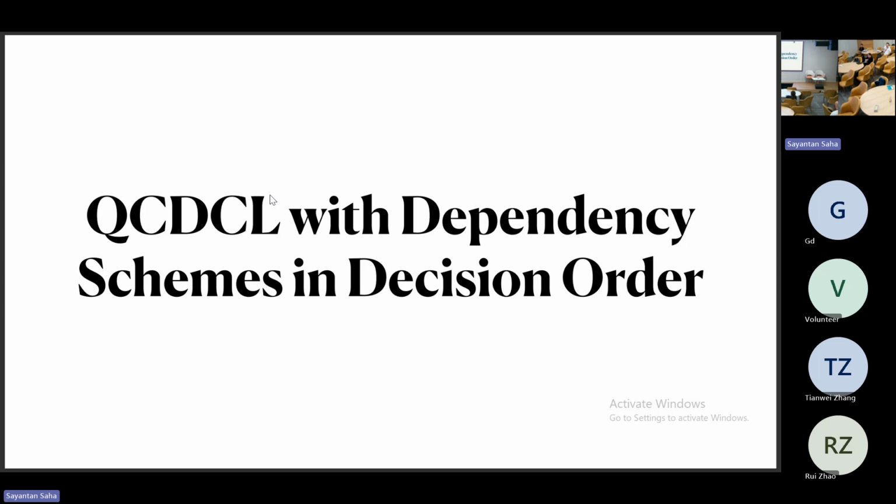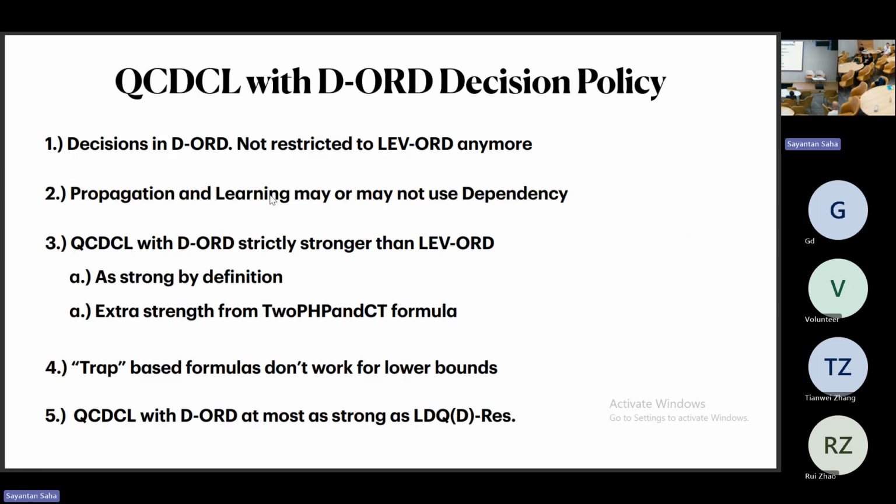So moving away from level ordered, we look at a more general decision policy for QCDCL, which we call the dependency order. We create a soft relaxation, and we now allow decisions in this dependency-ordered scheme. Here, for the propagations, again, we don't care whether they use dependencies or not.